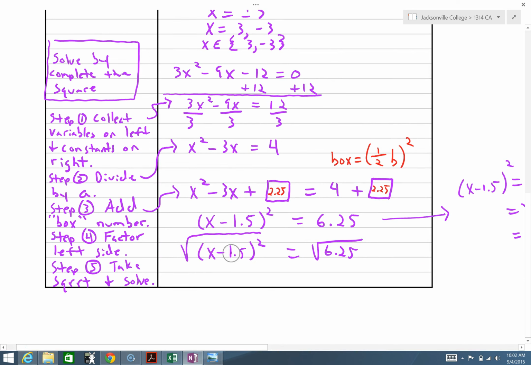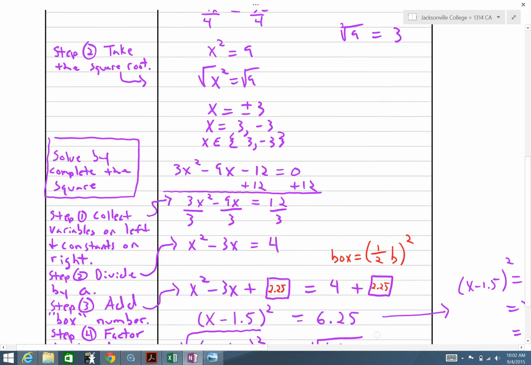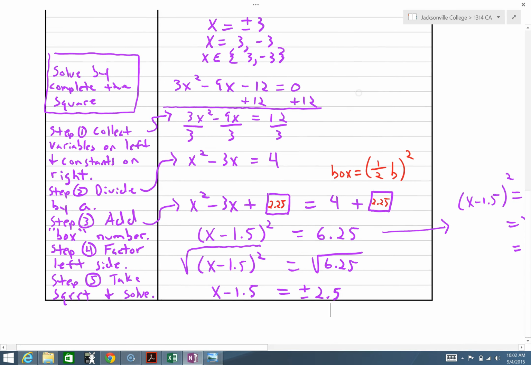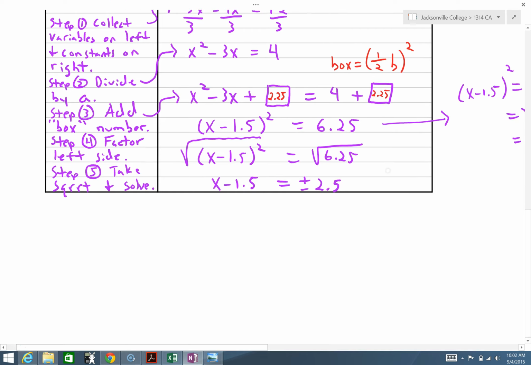This binomial simply comes out. We have x minus 1.5. Well, the square root of 6.25 is 2.5. But we're going to use the plus and the minus 2.5. Much like previously, we said the square root of 9 was positive and negative 3. Here, the square root of 6.25 is plus and minus 2.5. We need both of those statements.